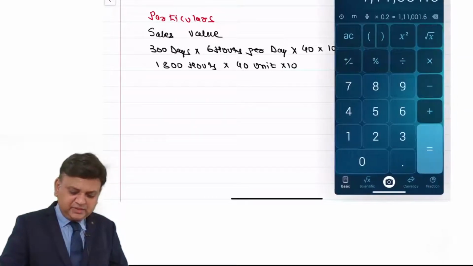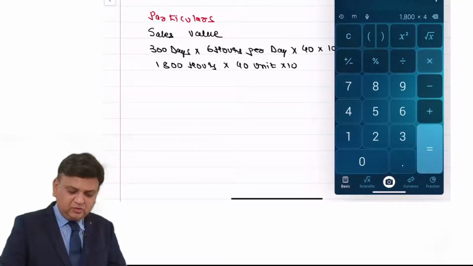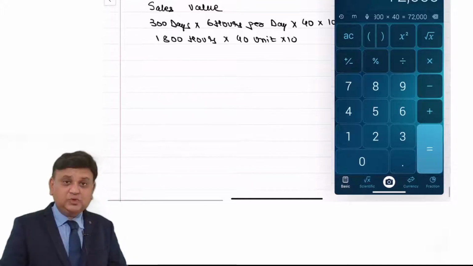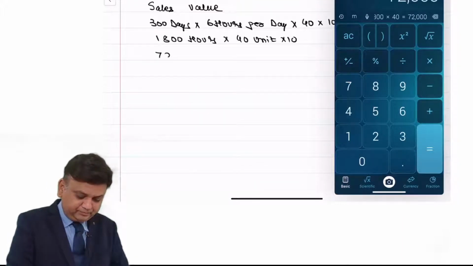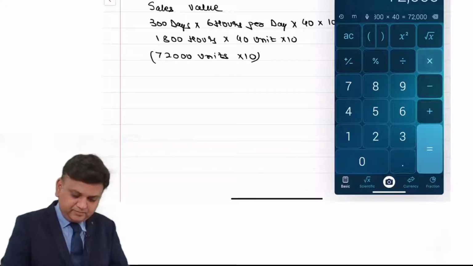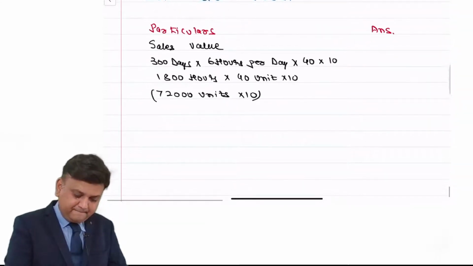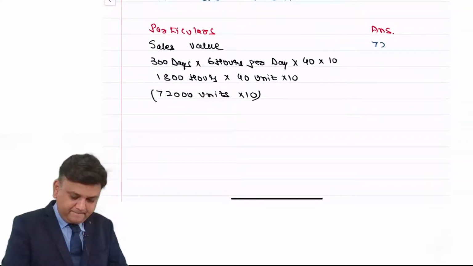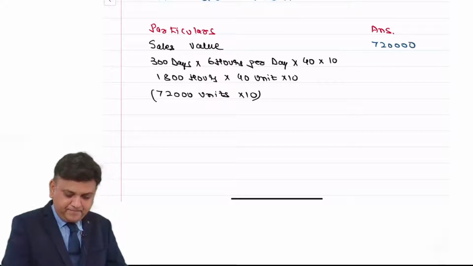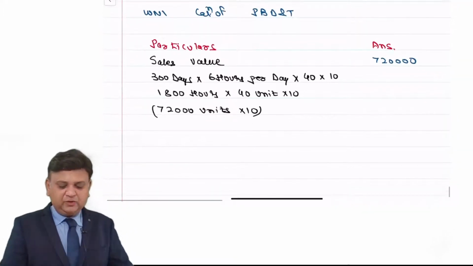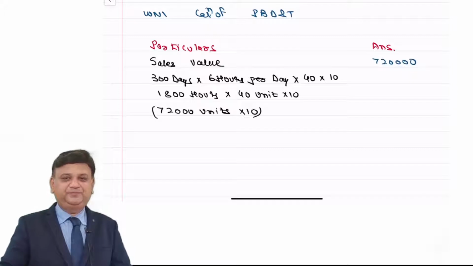So it is 1800 into 40. That comes to 72,000 number of units into 10. That comes to 7,20,000. Accordingly, we are required to make further calculation.